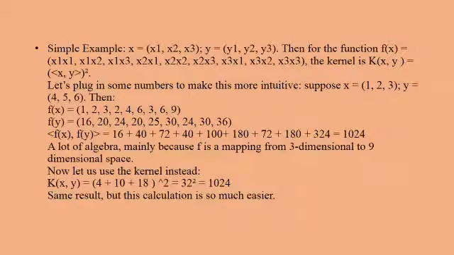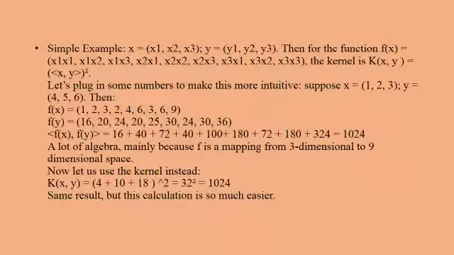A simple example of a kernel function: x is equal to x1, x2, x3, and y is equal to y1, y2, y3. Then the function f of x is equal to x1x1, x1x2, x1x3, x2x1, x2x2, x2x3, x3x1, x3x2, x3x3.